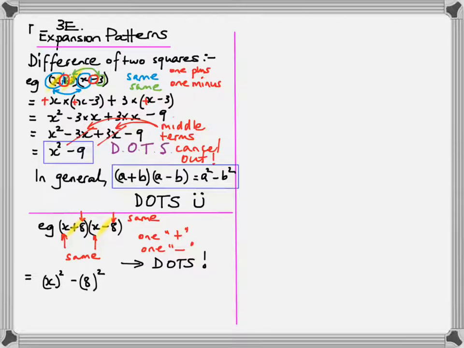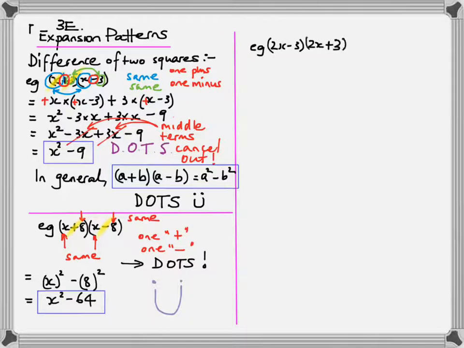I don't even have to worry about the expansion because I know that's what my answer is going to be. Wow, and that's going to be x squared minus 64. So that's pretty marvellous, isn't it? Smiley face, of course, because it's so much fun and very simple to do. Okay, let's push on.